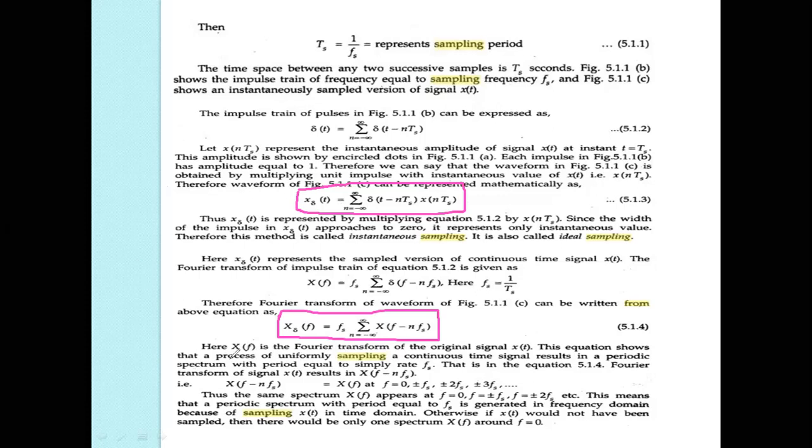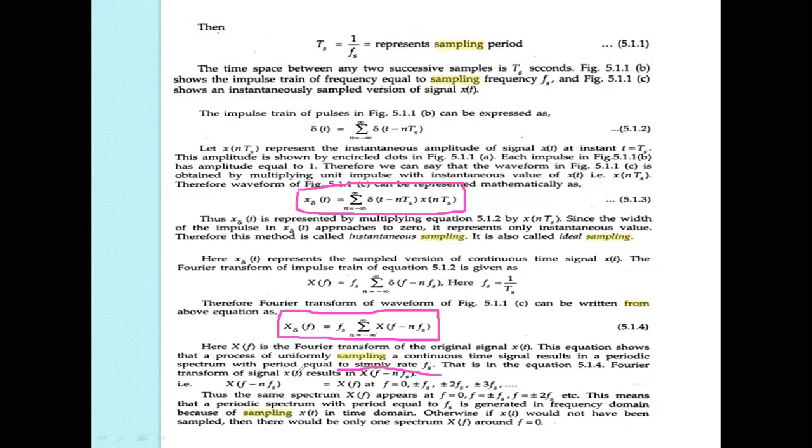This equation shows that the process of uniformly sampling a continuous time signal results in a periodic spectrum with the period equal to the sample rate fs, nothing but the sampling frequency.